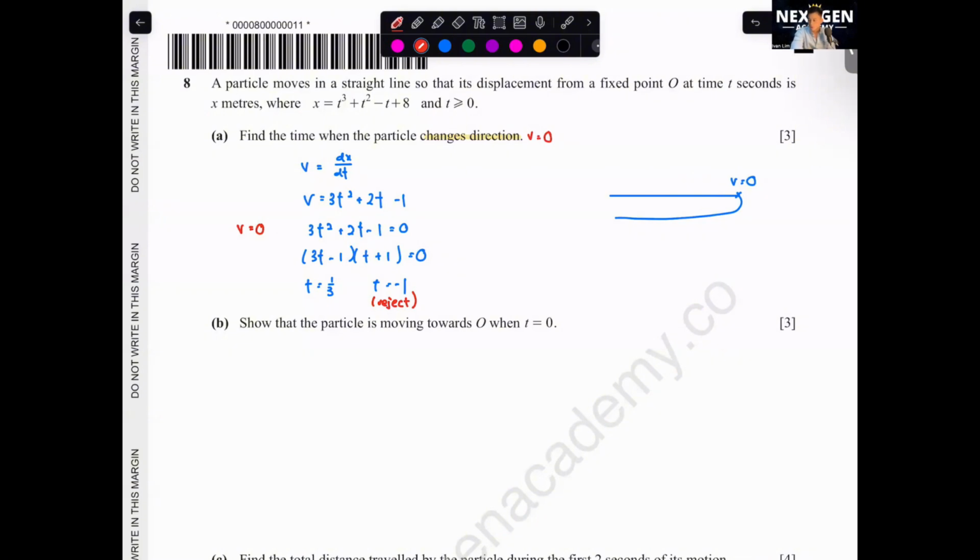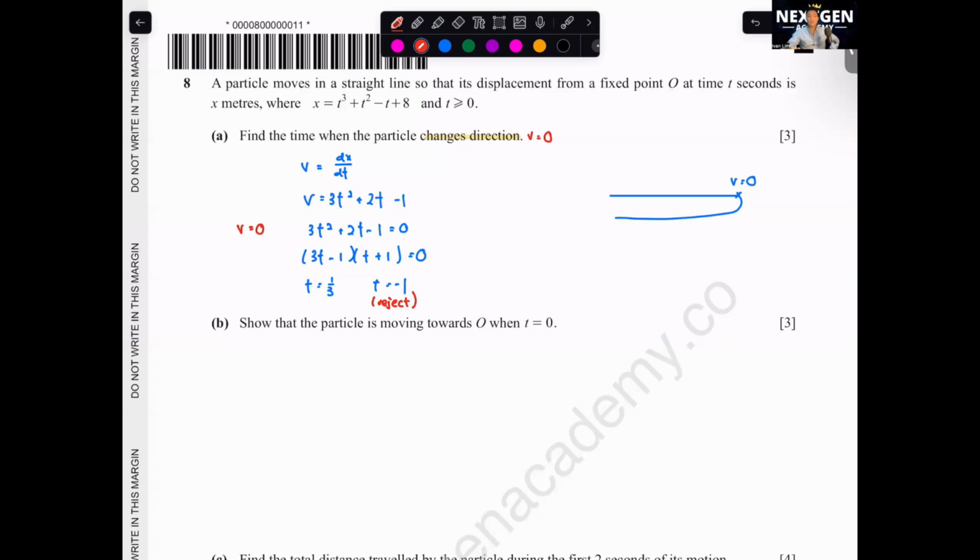This part is very important for the last question. Second one: show that the particle is moving towards O when t is equal to 0. If you look over here, this is a 3-mark question. What does this mean?